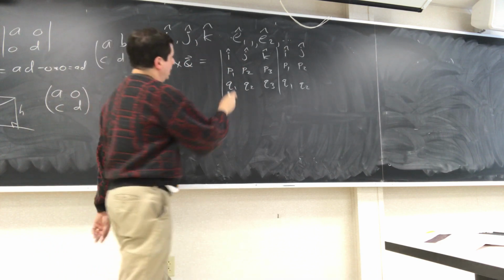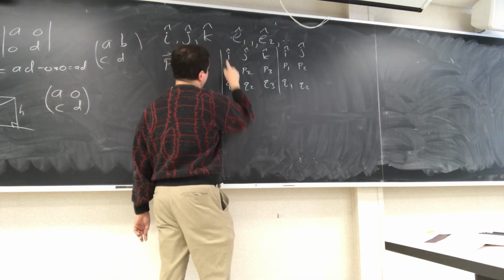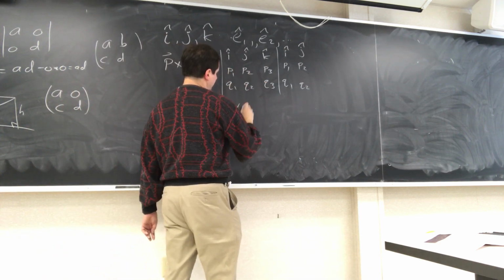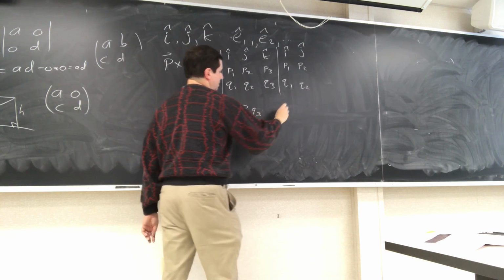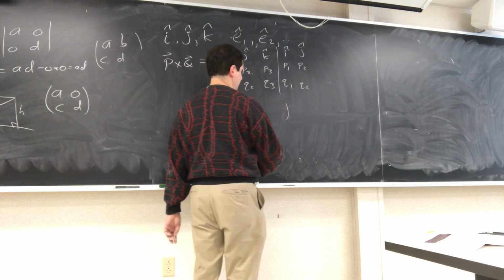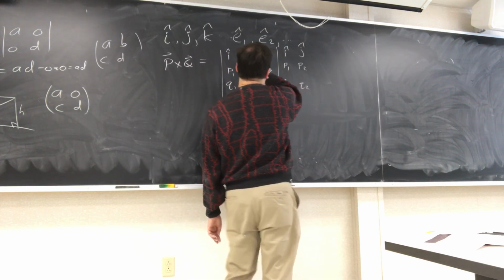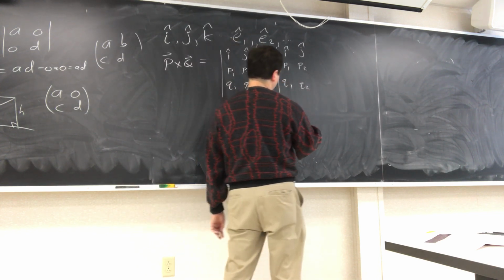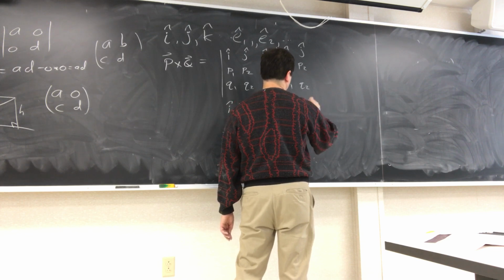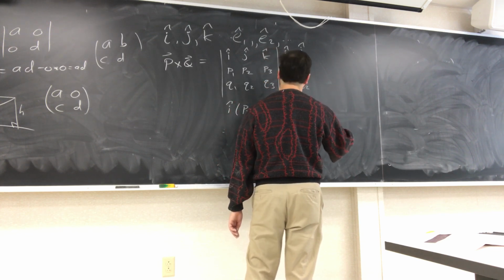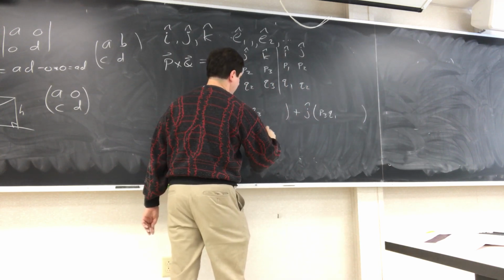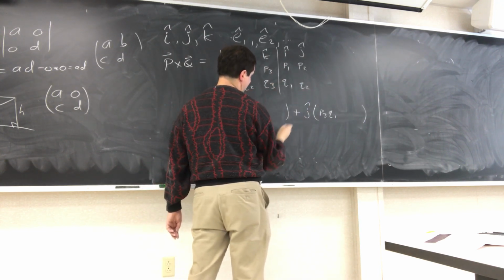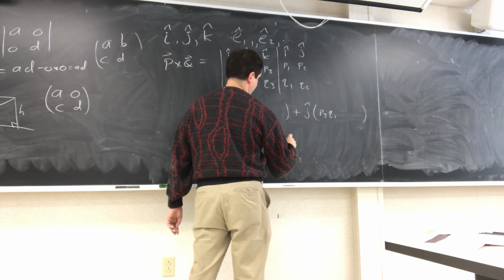And so now I would have i hat, P2, Q3, and I'm going to deliberately leave a space. Then I would have j hat, P3, Q1, plus k hat, P1, Q2.